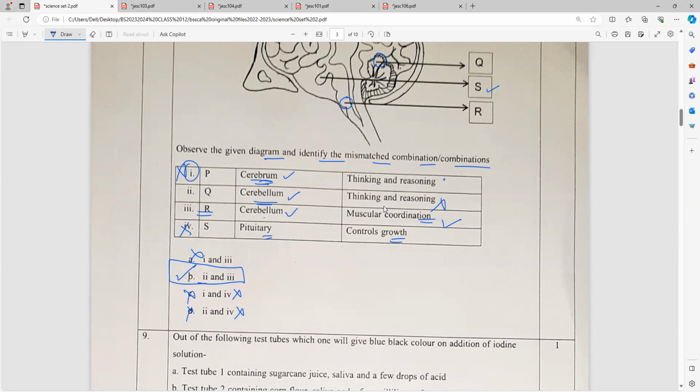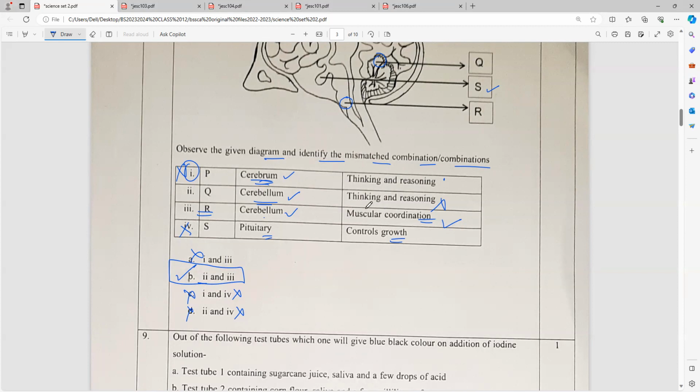That's the reason it's a mismatch pair. Clear, everybody? Because muscular coordination means walking, dancing, riding, and all. This is all done by whom? Cerebellum only. Cerebellum coordinates smooth body movements such as walking, dancing, riding a bicycle, and all.